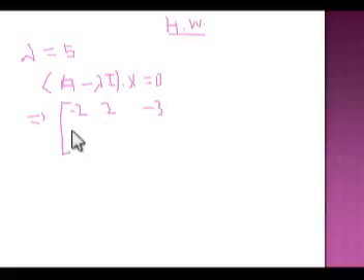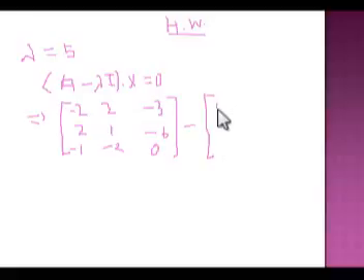There will be 2, 1, minus 6, minus 1, minus 2, 0, and this will be multiplying with identity matrix. There will be 5 0 0, 0 5 0, 0 0 5.